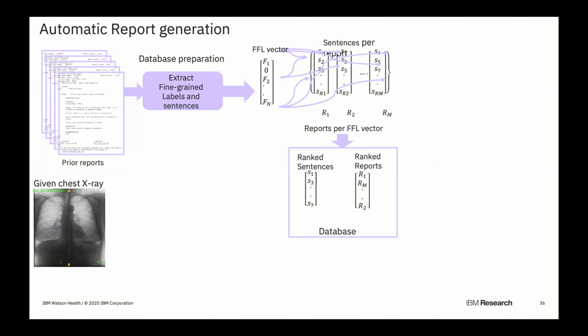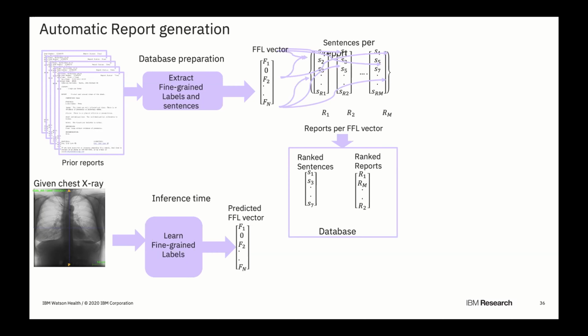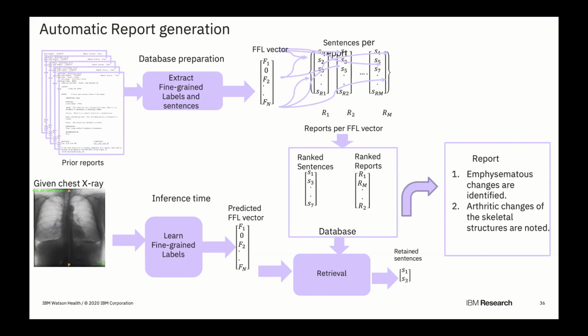Now, given a new chest X-ray, at inference time you classify the fine-grained labels to form these vectors, and use that to index into this database to retrieve relevant sentences. And then you take the fragments of findings that correspond to the relevant detections within the chest X-ray to reconstruct a report. That's the overall process that we use.